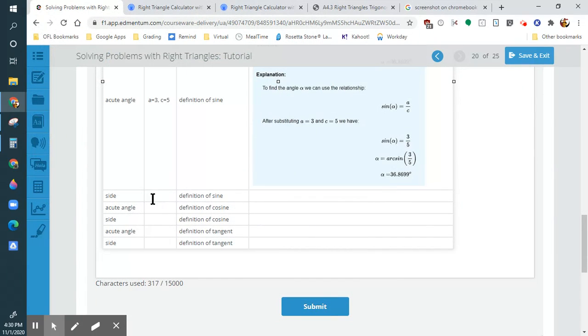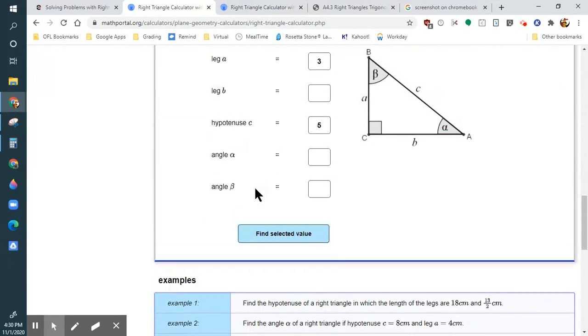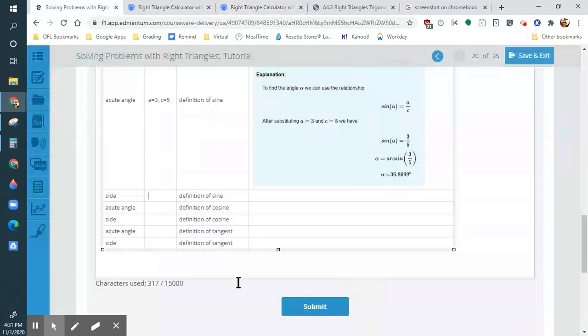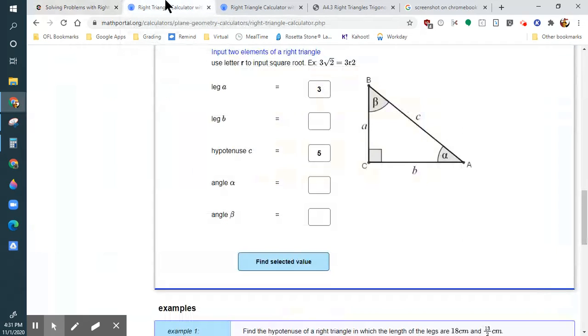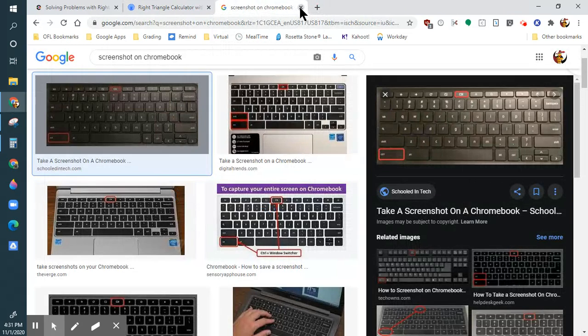All right, now I need to find a side. So in order to find a side using sine, I'm either going to want to solve for A or the hypotenuse. Notice that they never tell you if you need to solve for the hypotenuse or that. So I'm just going to close some of these out.